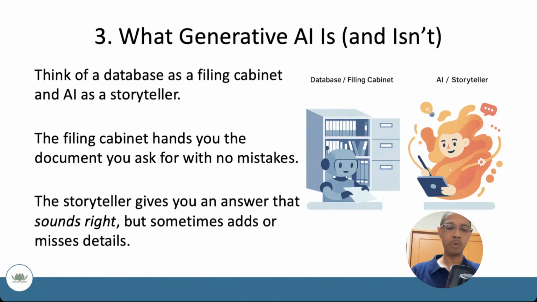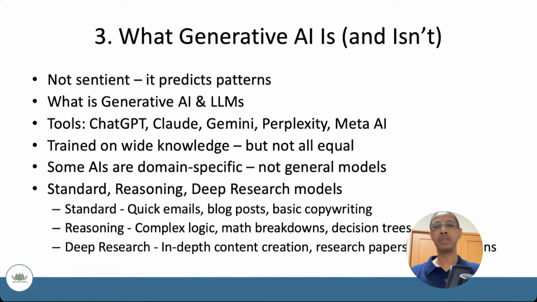The AI that we deal with is called generative AI because it generates everything on the fly. It generates the response by doing matchmaking and predictions on what goes next, based on the training it has. It's not really thinking about everything. Like I said, it's not sentient. It just predicts these patterns.